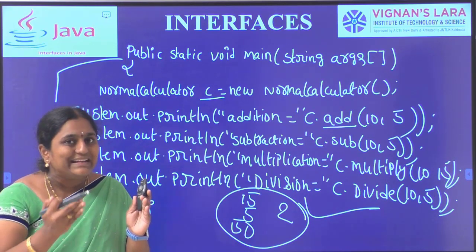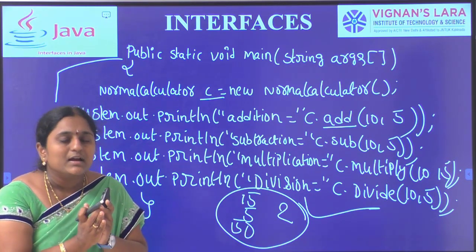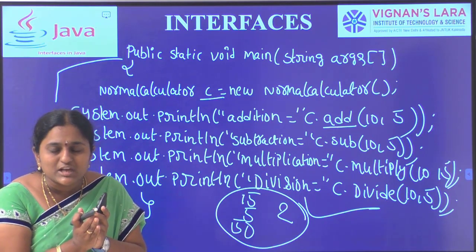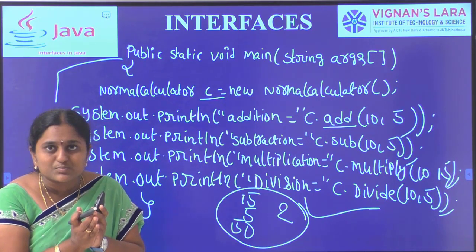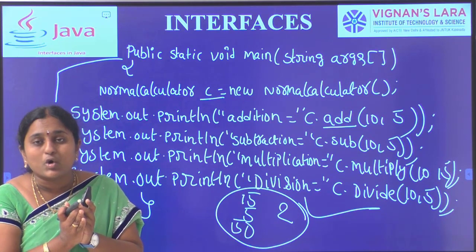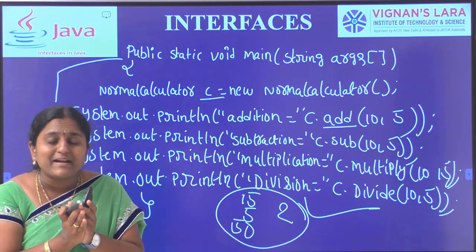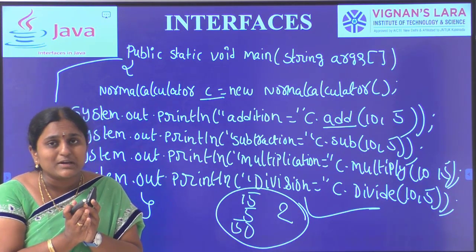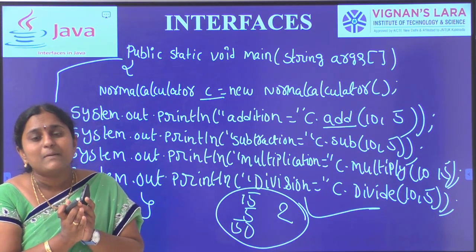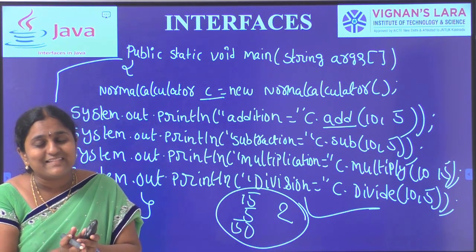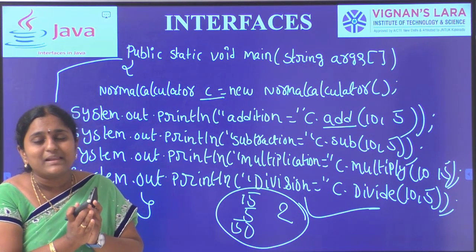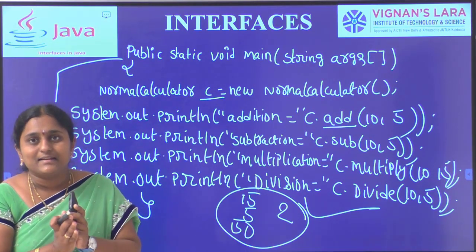Whenever the compiler identifies the implements keyword, the compiler checks at the time of compilation itself whether the user provides the bodies of the corresponding interface methods or not. If the user provides the bodies, our program compiles successfully. Otherwise, at the time of compilation, it leads to an error.